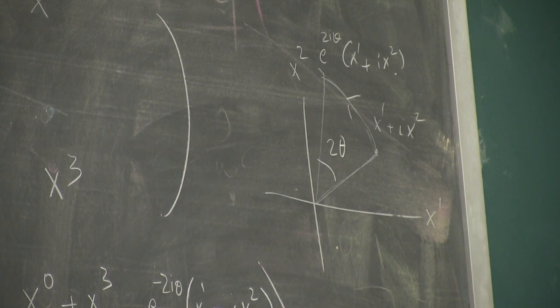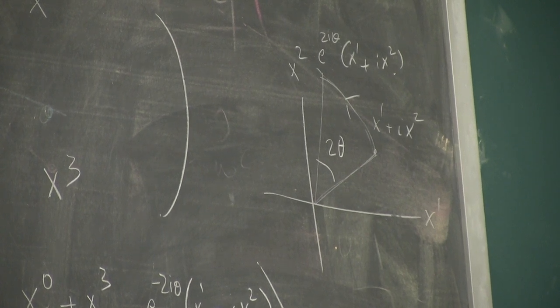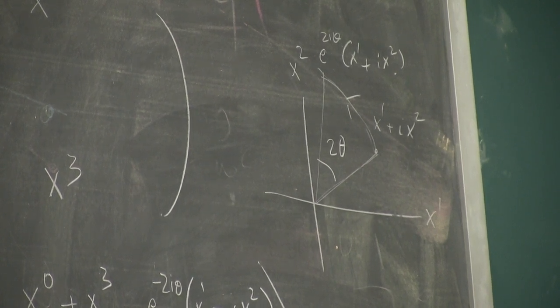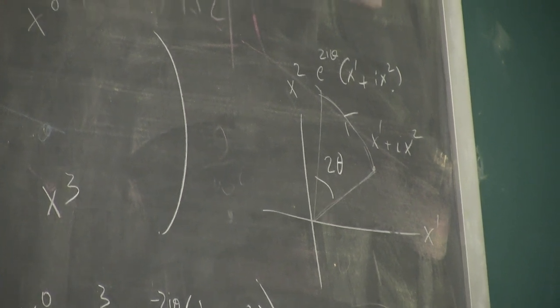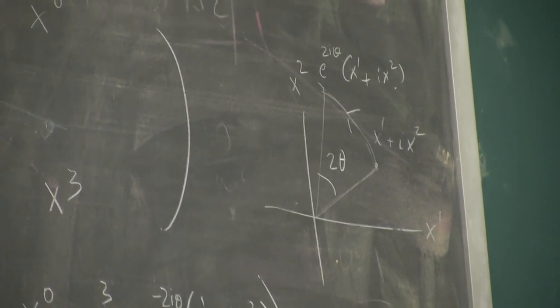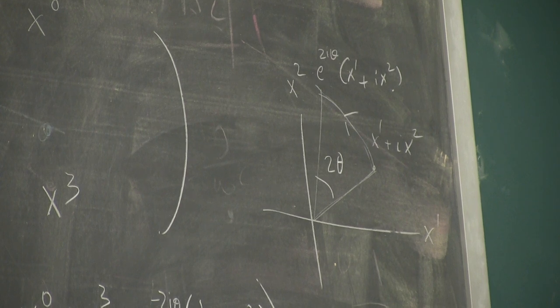You mean the third axis? Yes, sorry, about the third axis. So if you take g theta to be something like this, phi maps g theta to a Lorentz transformation: rotation about the third axis by an angle 2 theta.